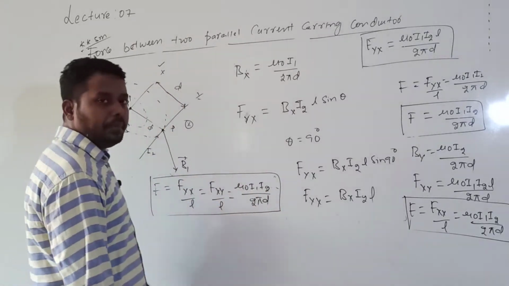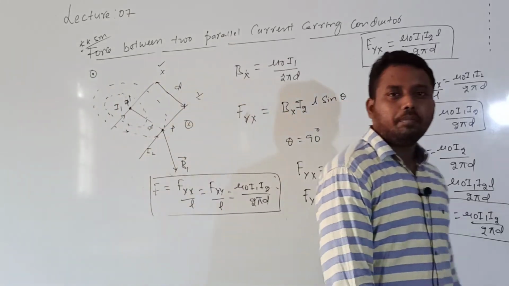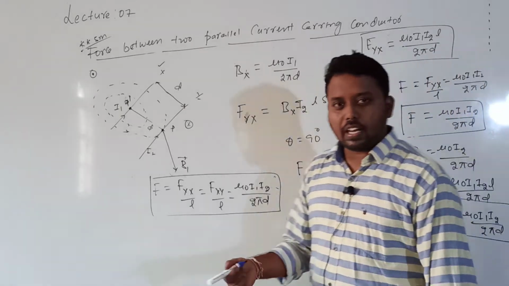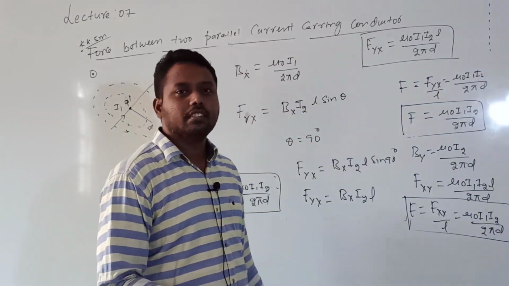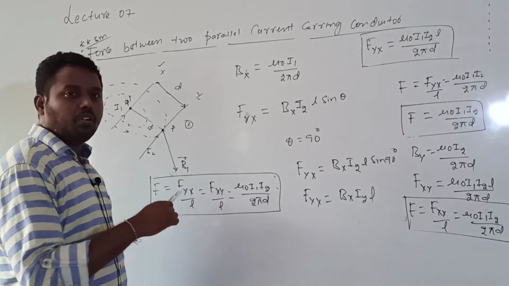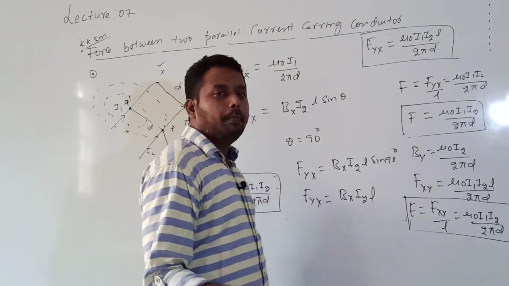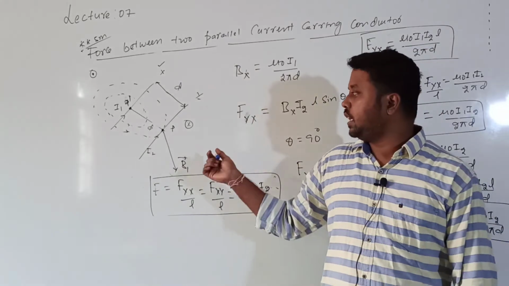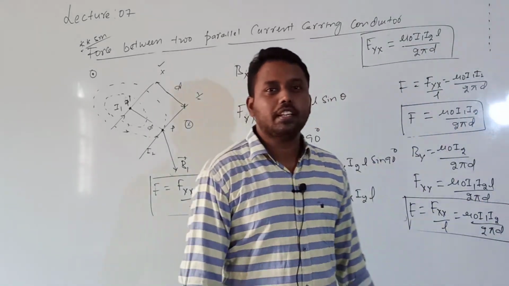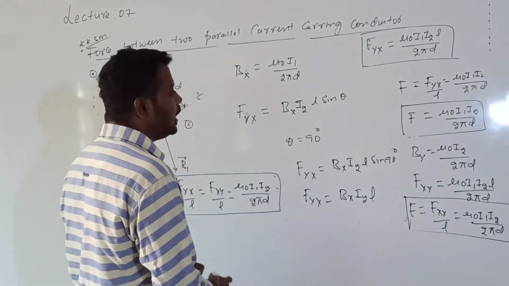You compulsorily need to remember it. Go through it clearly. If any doubts are there, you can ask your concerned lecturers. Directions are very important. You need to apply Fleming's left hand rule and the right hand thumb rule. Then only can you obtain the expression for this magnetic field.